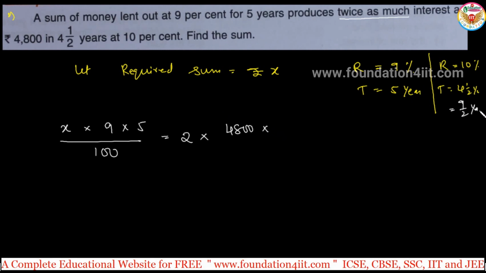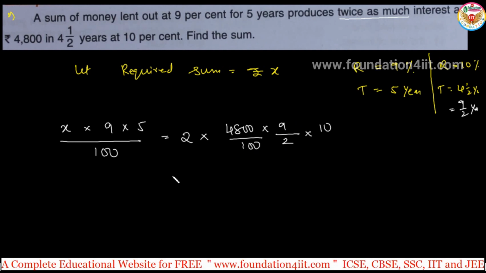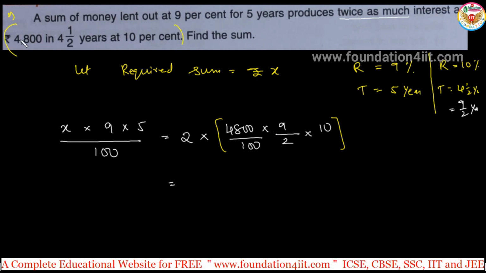Again the rate of interest is 10, divided by 100. So the first case interest is twice the second case interest. So the first one is equal to 2 times the second.